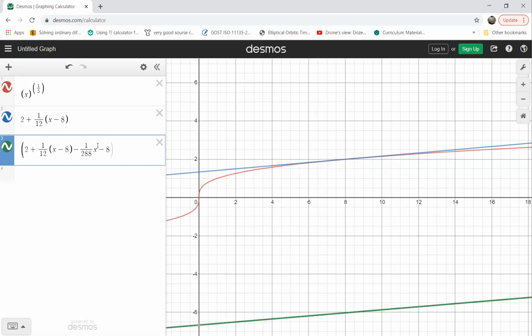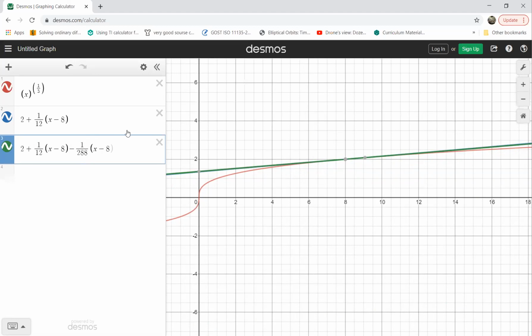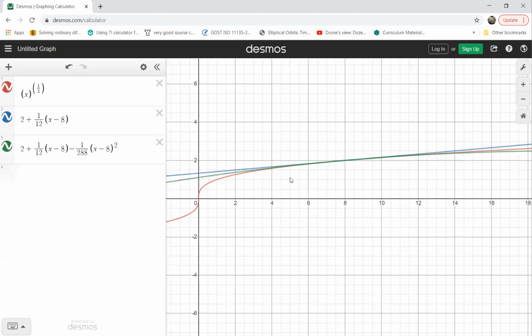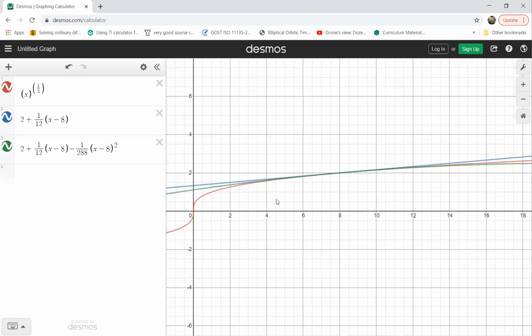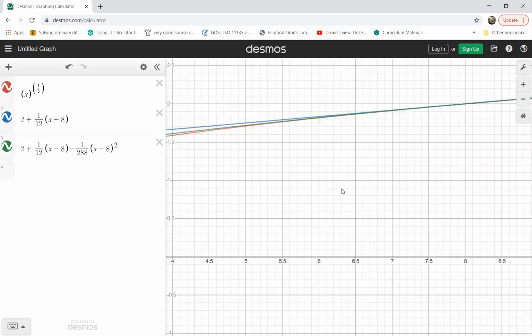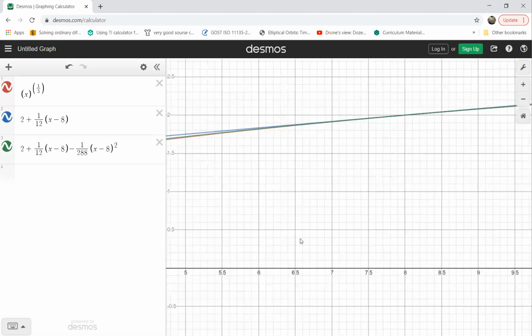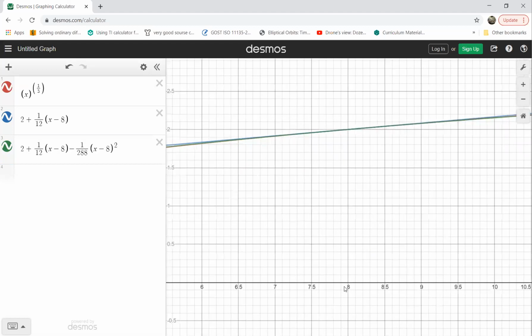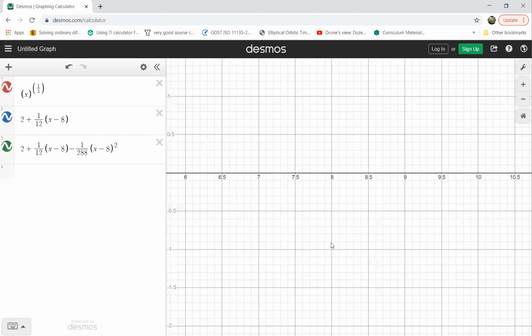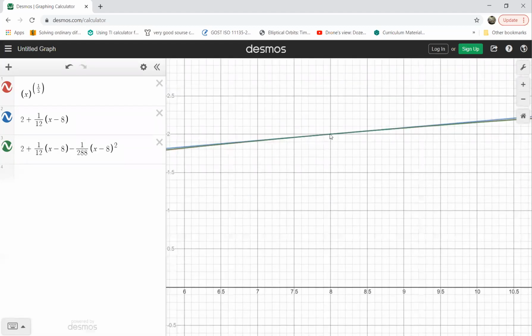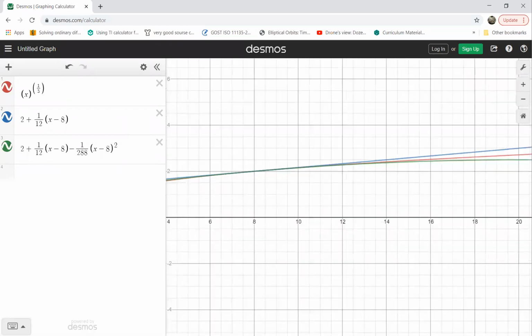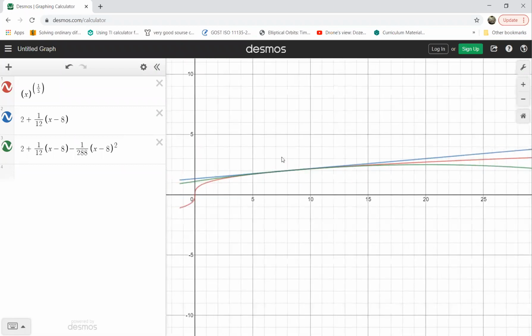Okay. So as you can see, you get a better approximation. This quadratic expression actually is a better approximation than the linear expression. More accurate.